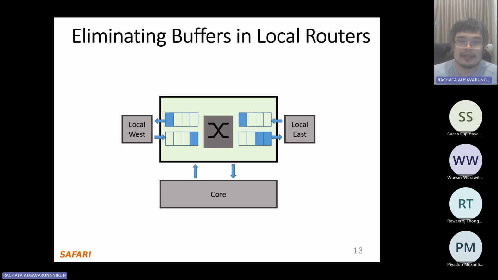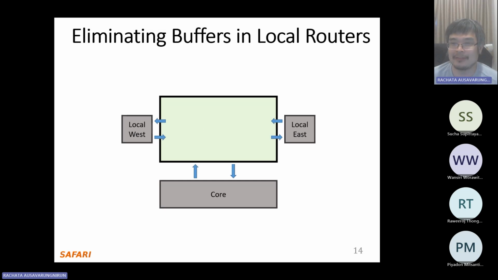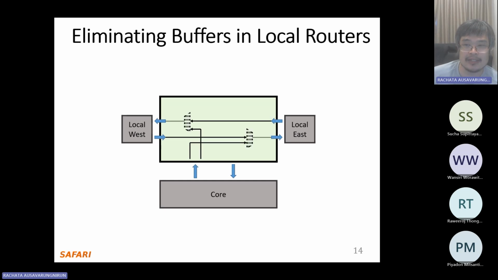So how do we make it even simpler? Because there are only two paths, you inject, eject, or go east or west, I can get rid of the buffer in the middle. I just have a direct forward path to where you want to go. Or if you want to inject or eject, you go down. That's it. You now don't need buffer. You have an incoming flit, you go to your destination, and you're done.